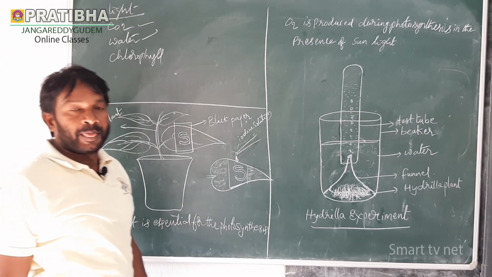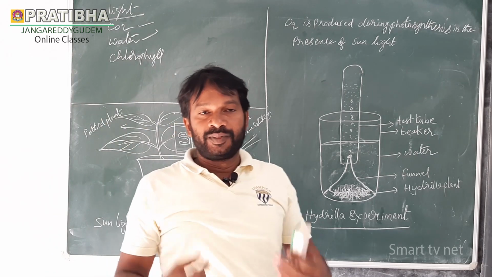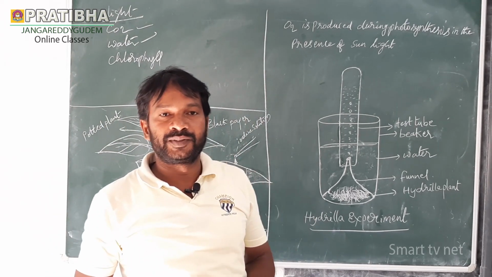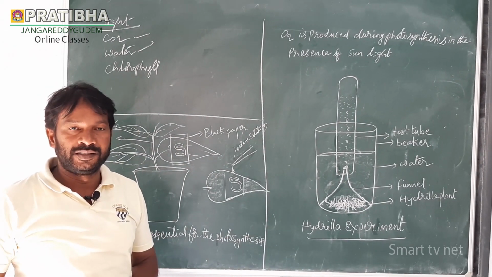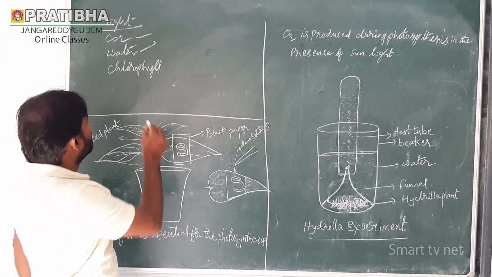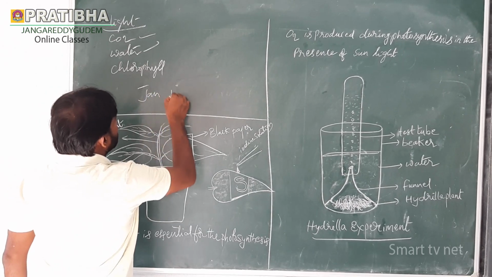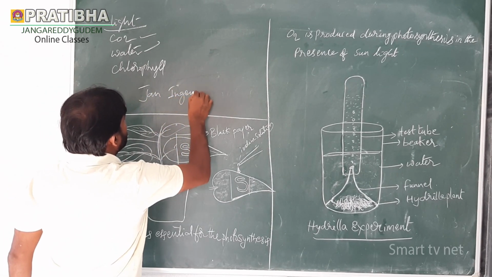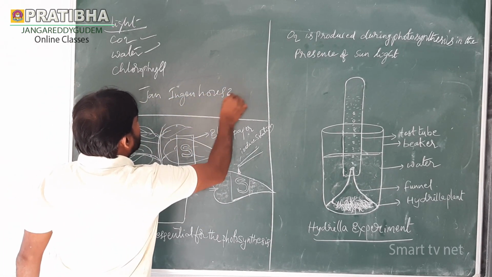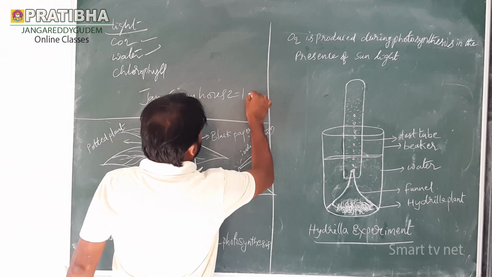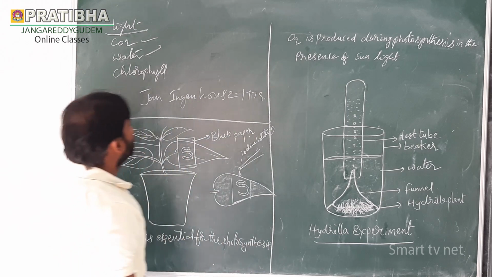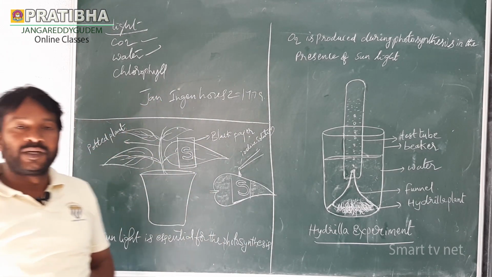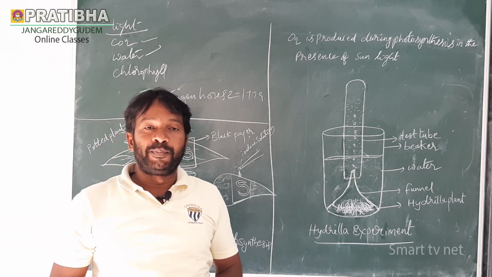light. In the progress of photosynthesis, after Joseph Priestley, a Dutch scientist, John Ingenhousz, in 1779, observed the aquatic plants.